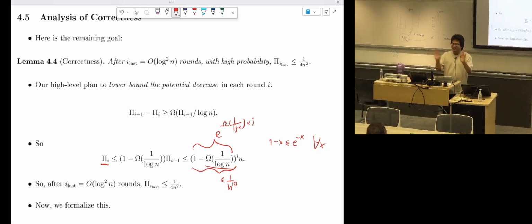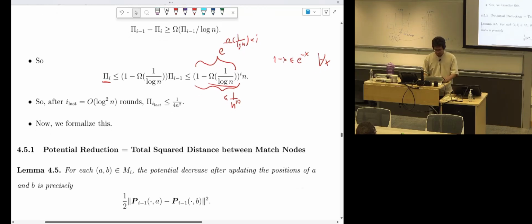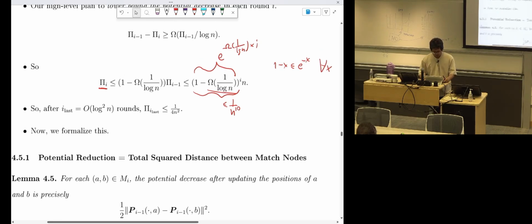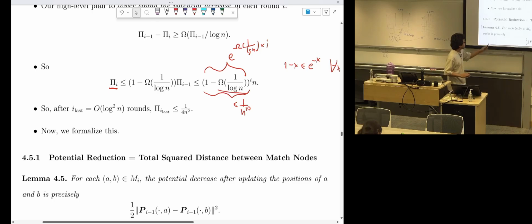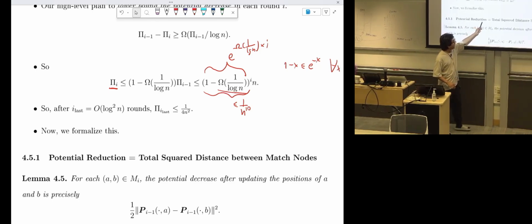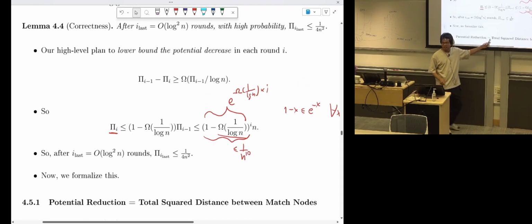So that's the plan. We want to do this, and let's formalize this plan. Let's understand how the potential decreases. I claim that the potential decrease is really what our intuition says.